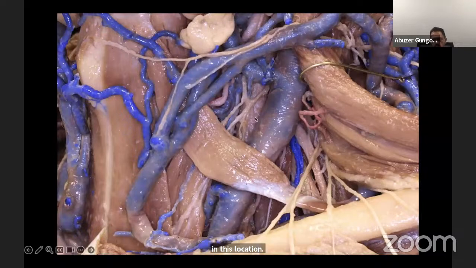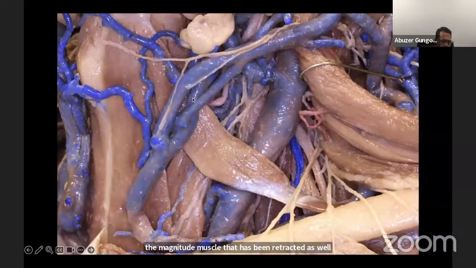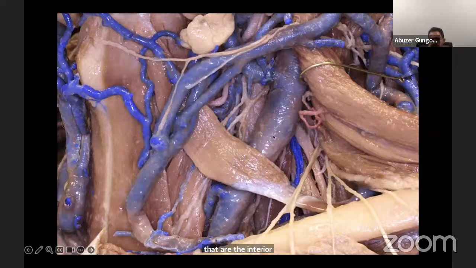This is a close-up view of this dissection in which we can clearly see the omohyoid muscle, the sternocleidomastoid muscle that has been retracted as well, and all the venous anatomical structures that are surrounding these muscles of the neck: the anterior jugular vein, the external jugular vein, and the internal jugular vein.